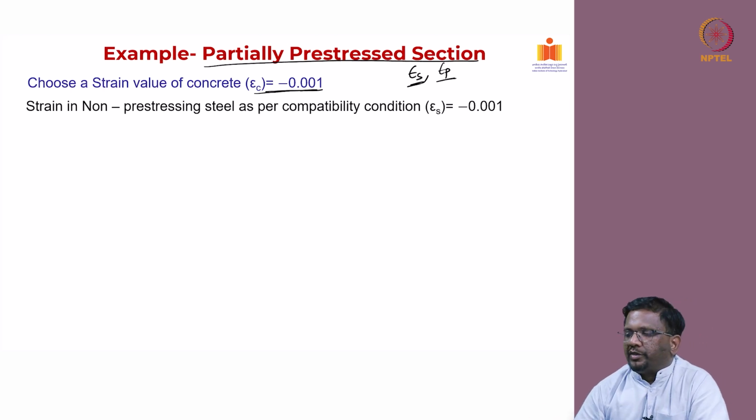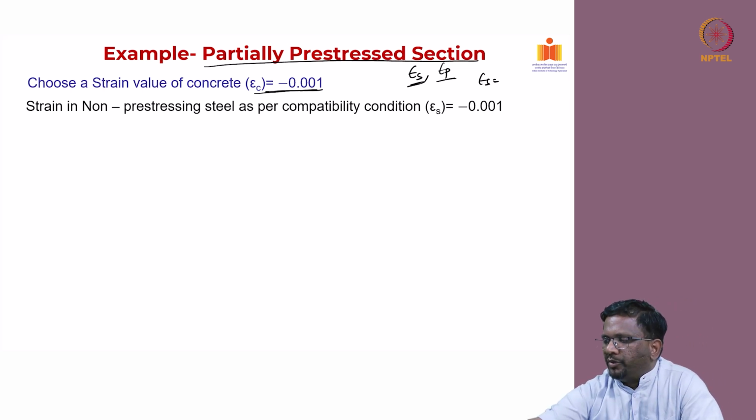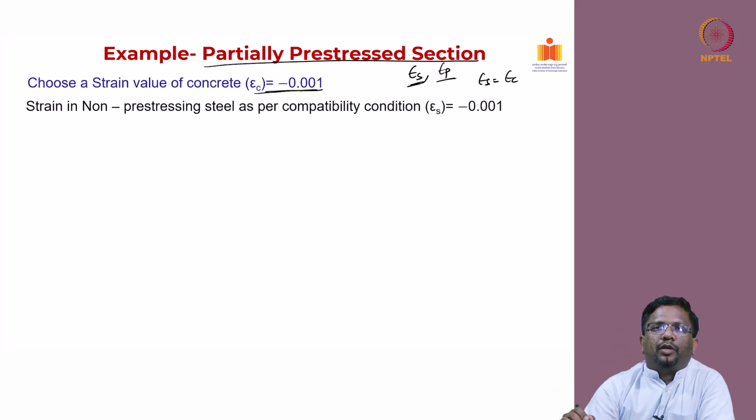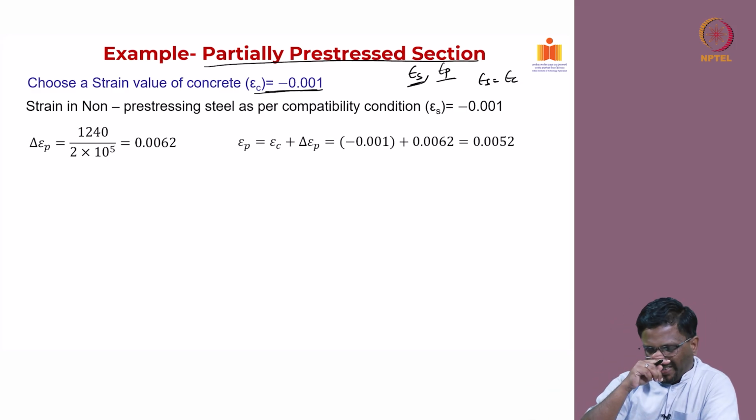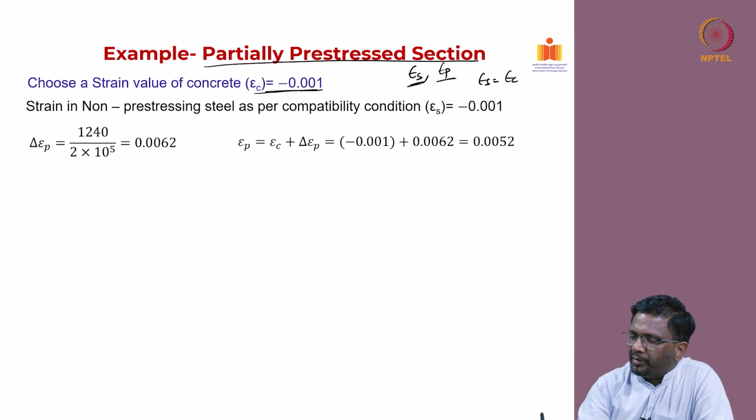Now, what is epsilon s? Epsilon s we know it is equal to epsilon c, which is 0.001, and epsilon p, how do we calculate that? Epsilon p is nothing but epsilon c plus delta epsilon p.